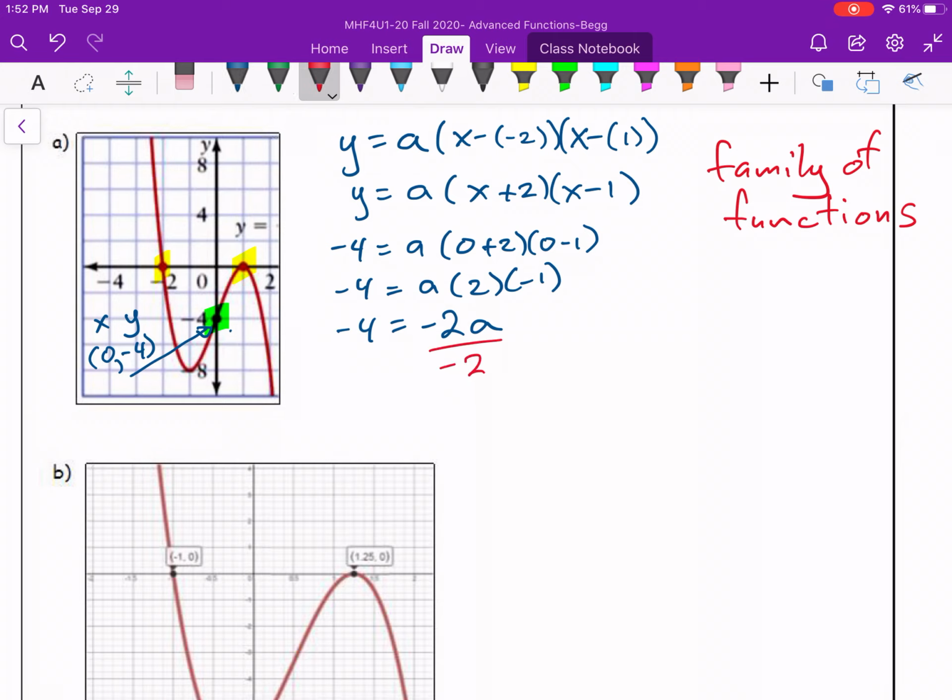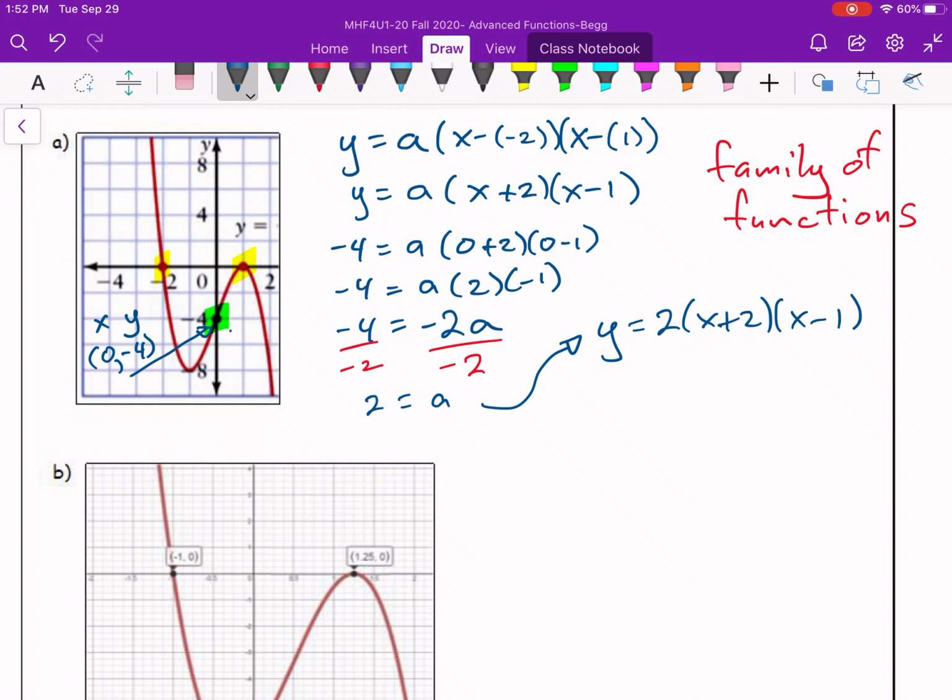I'm going to divide both sides by -2, and I get a equals 2. So now I know the a value, and I can write the actual equation: y equals 2 times (x plus 2) times (x minus 1). And that's the equation of this particular polynomial in factored form.